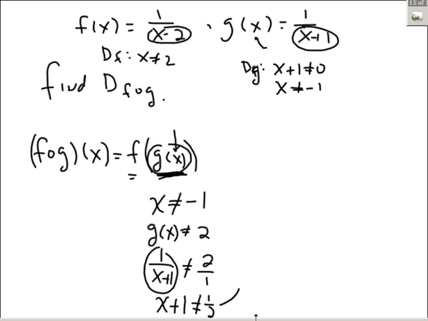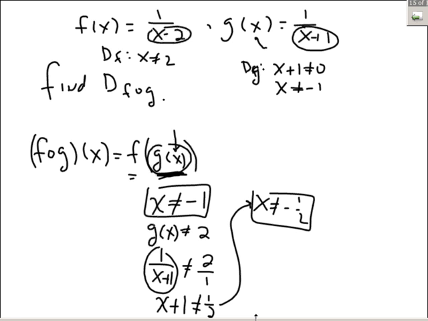Take away 1 from both sides, you get that x cannot be negative a half. So we have these two values that x cannot be. The domain of f circle g is x cannot be negative 1 and x cannot be negative a half.